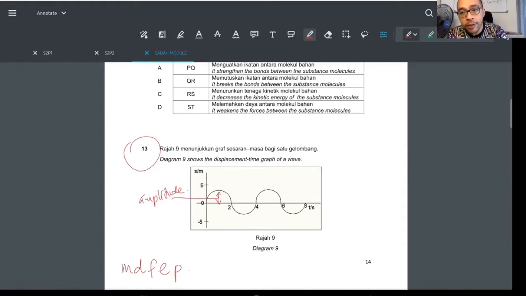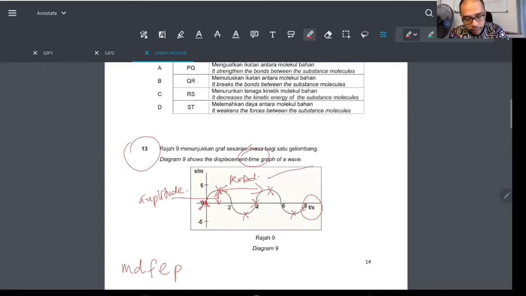The second piece of information that the displacement time graph tells us is the period, because this is time. The distance between two crests, or two troughs, or from one point to another point in phase, is the period.